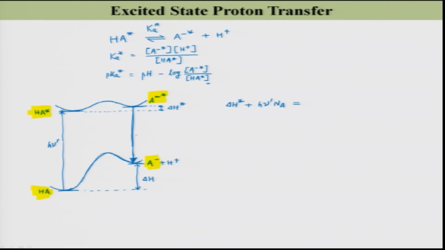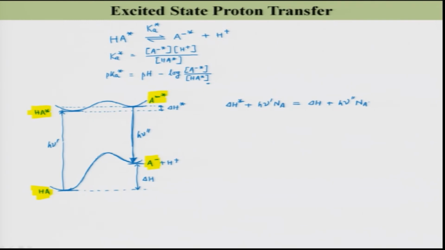if this emission is H nu double prime, then Avogadro number times H nu double prime, that is from energy from here to here plus here to here. This is equal to here to here plus here to here. So, to make it more understandable, let me draw this line also. So, this will be equal to delta H plus H nu double prime into Avogadro number.